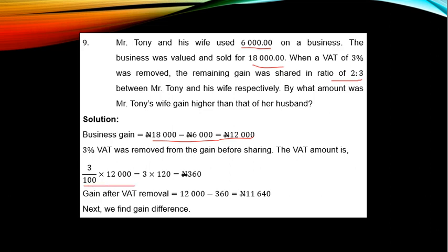If you reduce, you have 3 times 120 equal to 360. So gain after VAT removal is 12,000 minus 360, and that is 11,640.